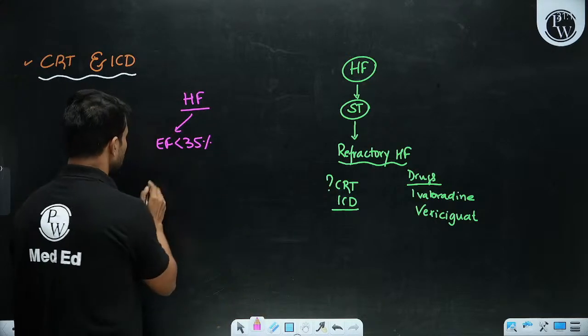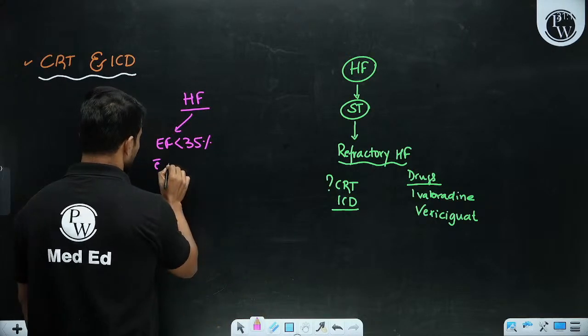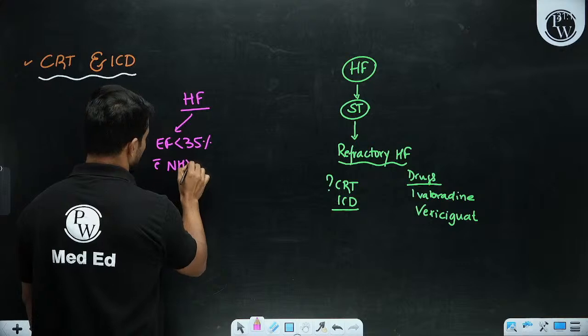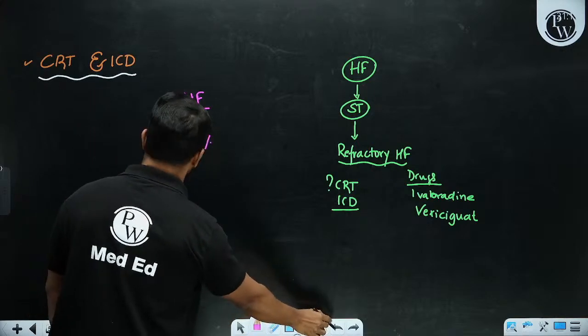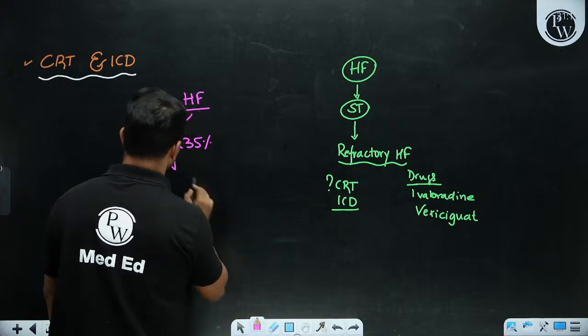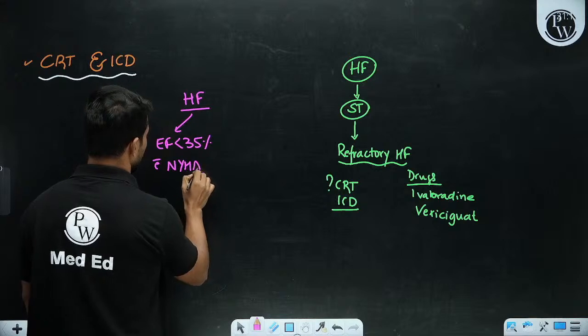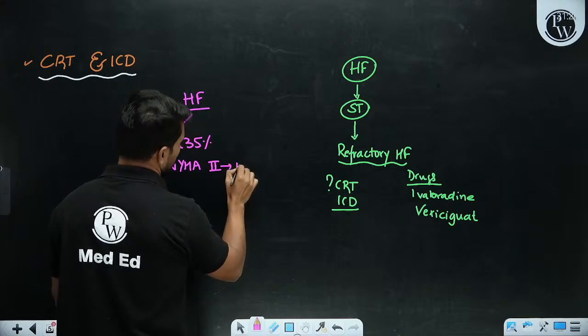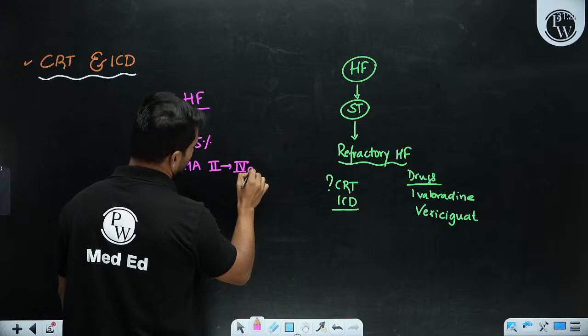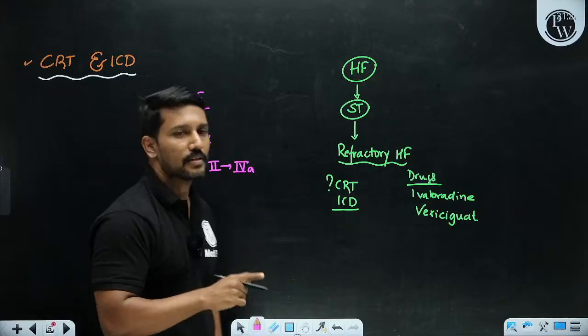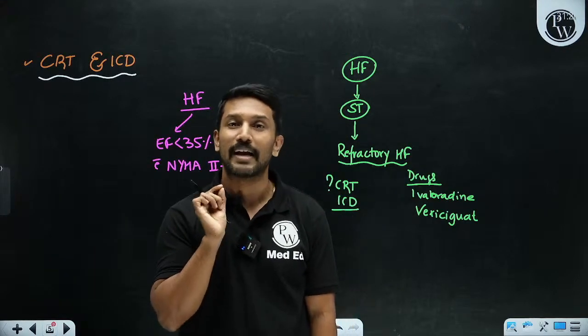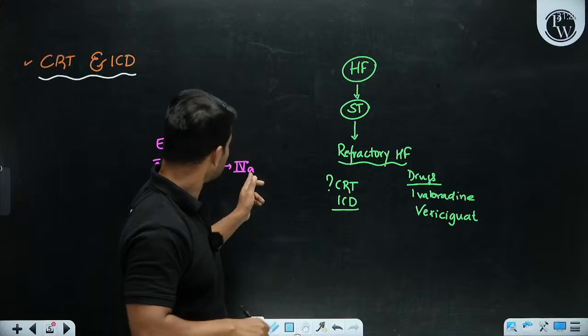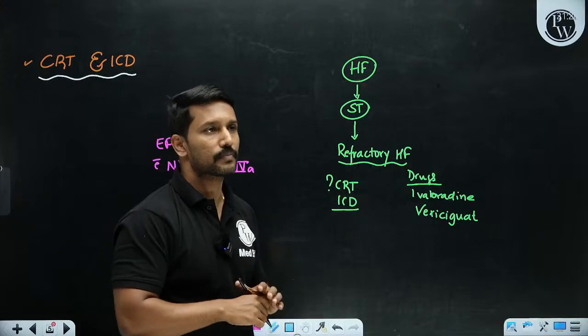When it is less than 35% with New York Heart Association grade of dyspnea, grade 2 से लेके grade 4A. आपको ग्रेड 4 शायद पता है, grade 4 dyspnea is when patient is having shortness of breath at rest. And then what is this A, grade 4A?